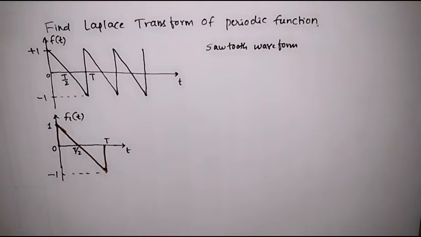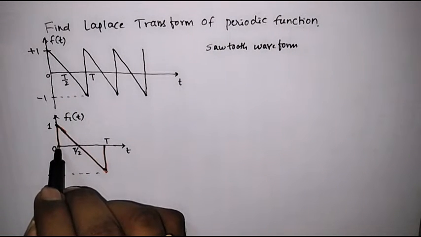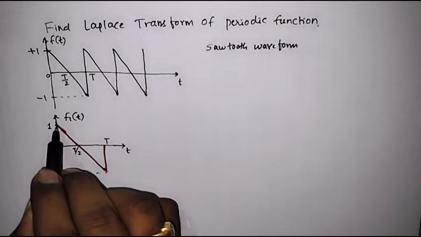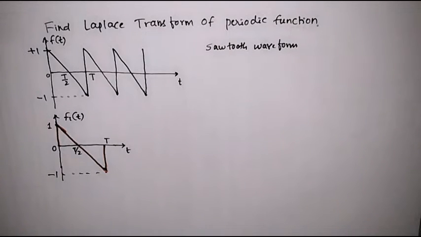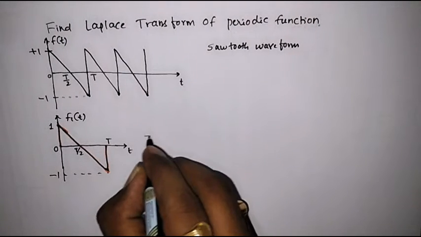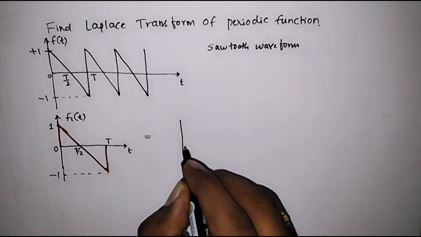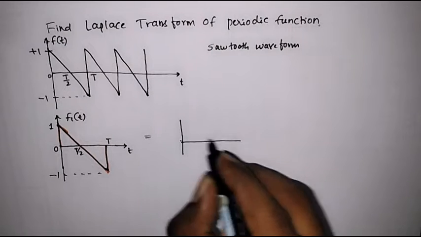So first we should get this point, this vertical line. So this is nothing but a step signal. So it is first made of the step signal.